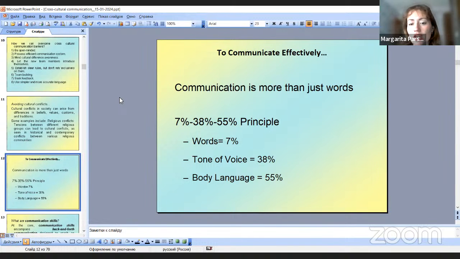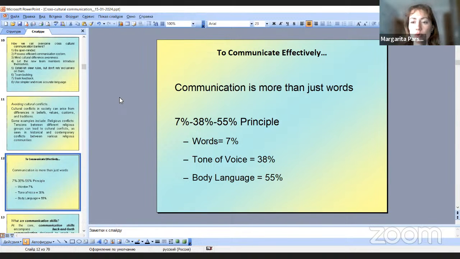Also, we can say that tone of voice is not just the loudness of the voice, whether it's loud or not loud. Of course it includes the way you speak, the way you are glad to hear the others, your attitude to other members.